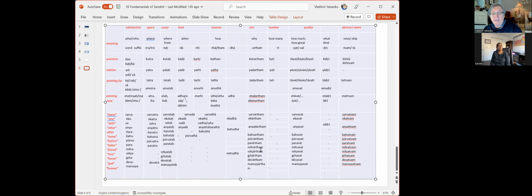Sada, always. Anyada, some other time. But there are no das used with substantives or other words, so they're restricted in usage in time. This is what is available in the dictionary.